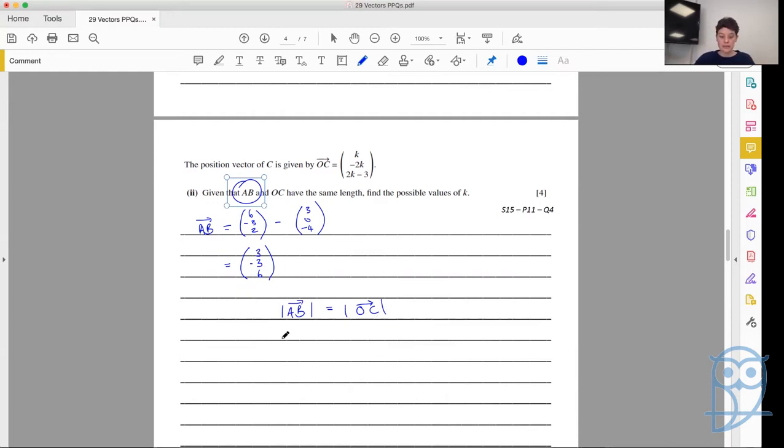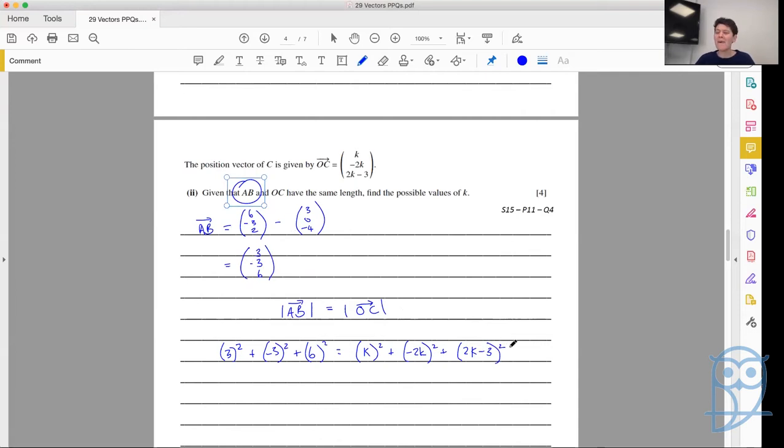So the magnitude of AB squared, we can go straight to 3 squared plus minus 3 squared plus 6 squared. I do want to show that. That equals OC squared, which is k squared plus minus 2k squared plus 2k minus 3 squared.